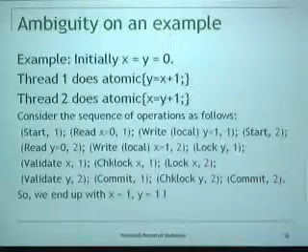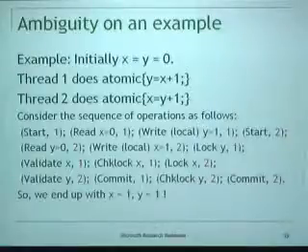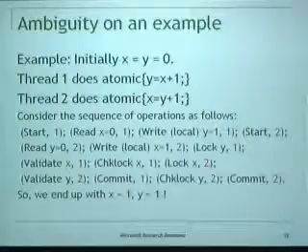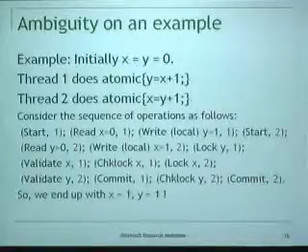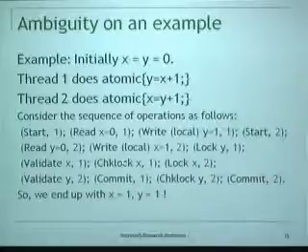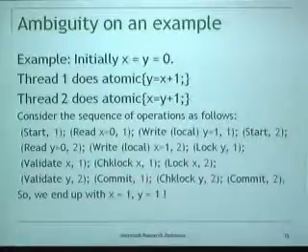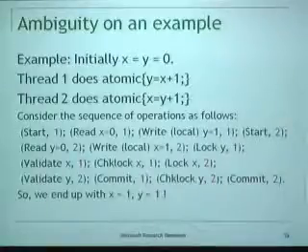Now the first thread locks y, and then it validates that the value of x has not changed. The validation goes through because the write here by thread 2 was still local. It cannot be seen by thread 1. Now the first thread checks that x has not been locked by anyone, and so the second thread is not yet locked.